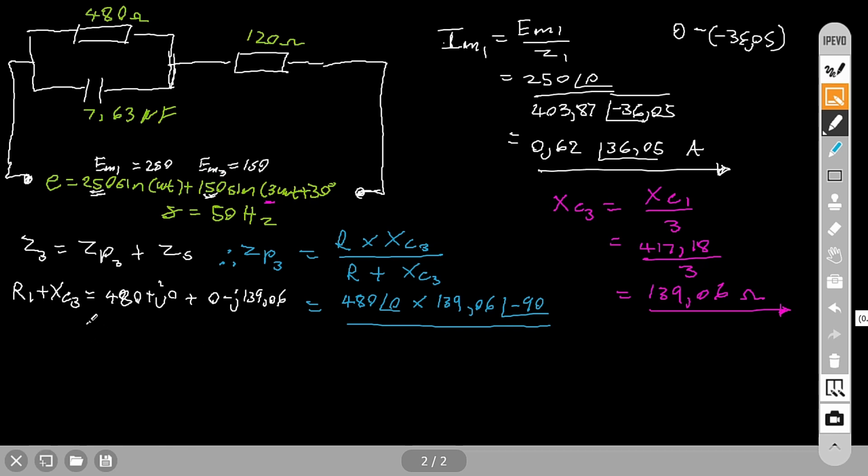If you add this, you get 480 minus j139.06.